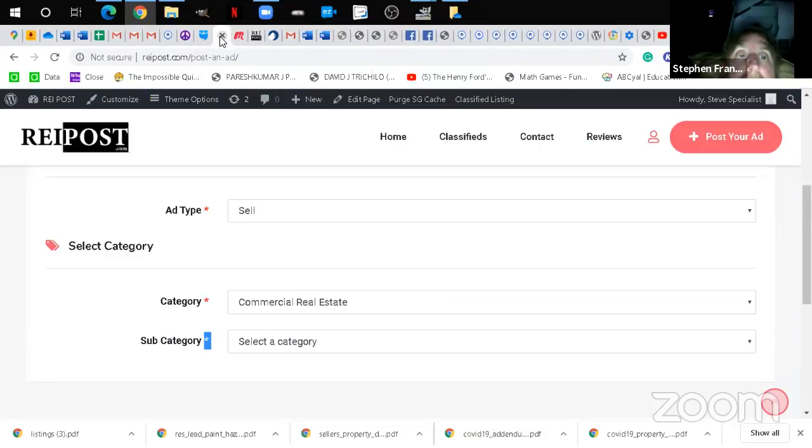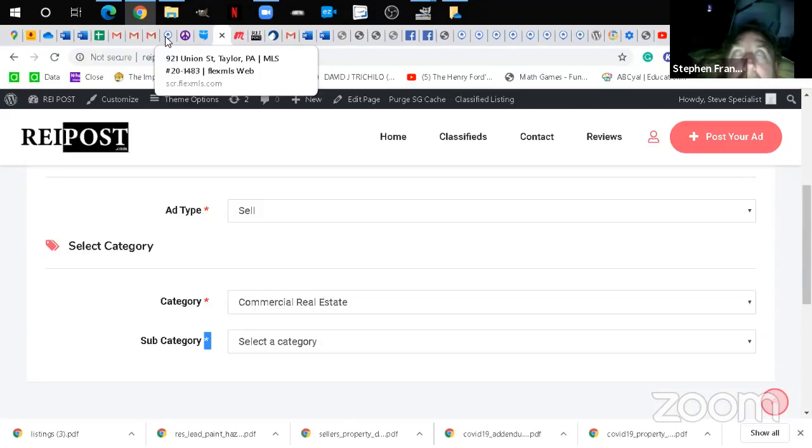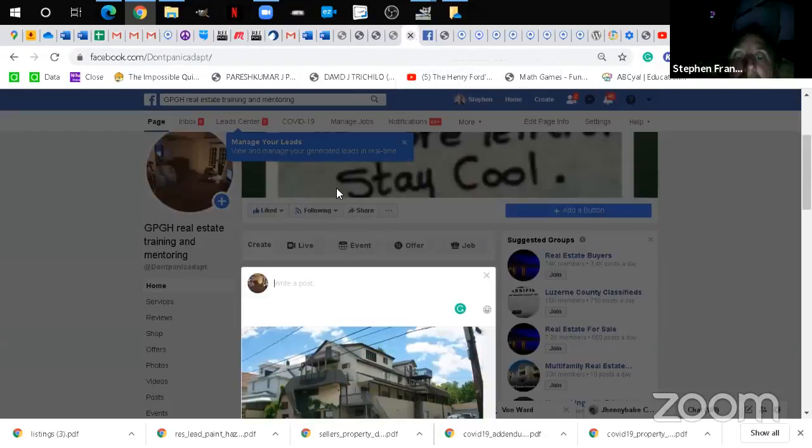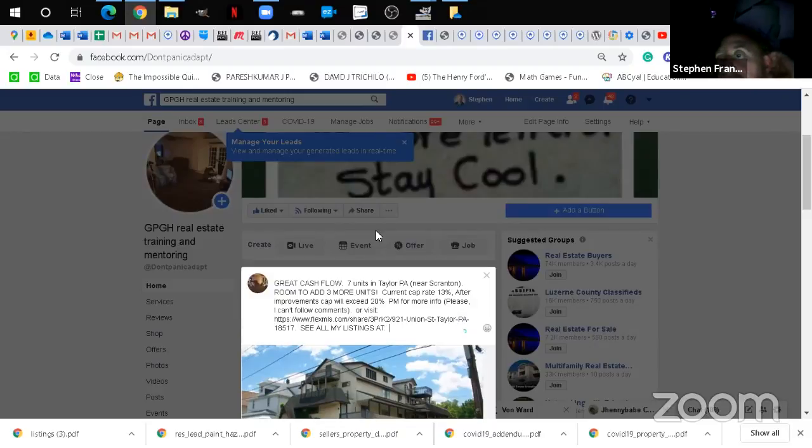And what I'm actually doing right now on my multifamily specialist page is, by the end of this week I will be able to combine my MLS listings and my non-MLS listings in one place. Oh, good deal. I may also accomplish the same thing by having all my MLS listings appear on REI Post. But basically, again, it's about pushing them to one place where they can find everything about what you have available.